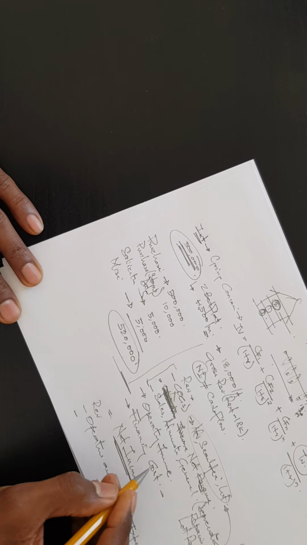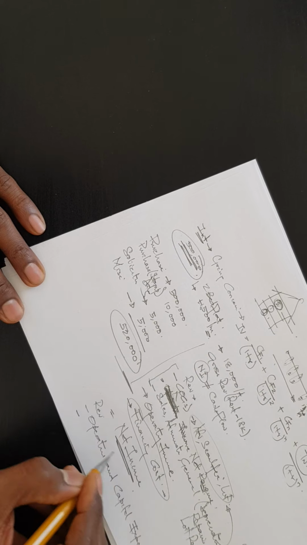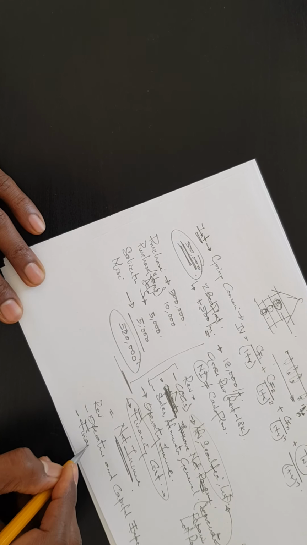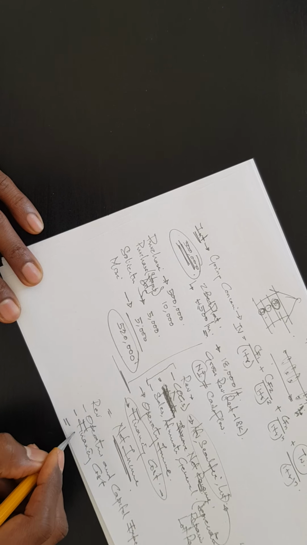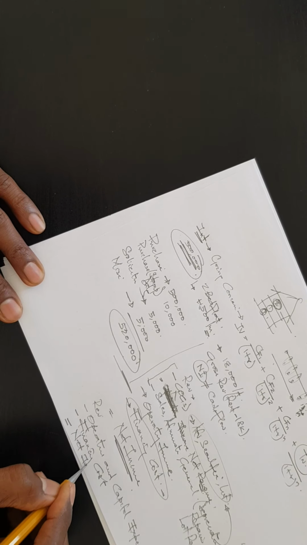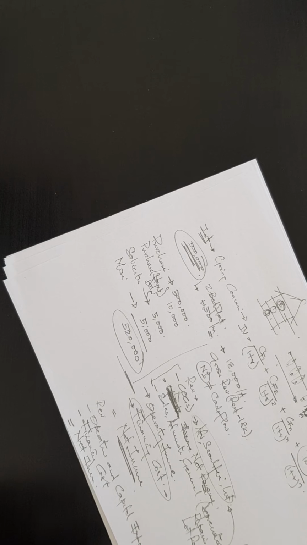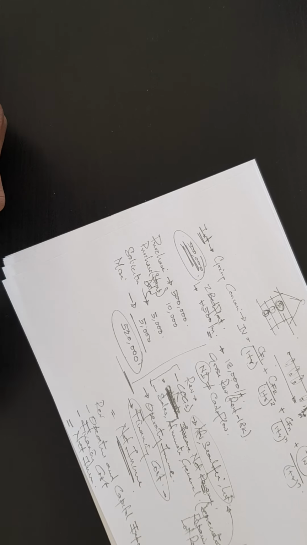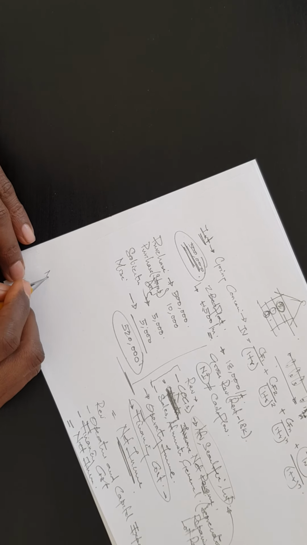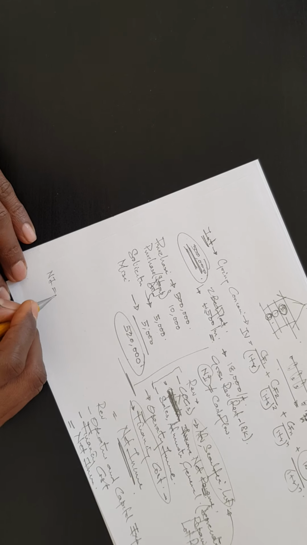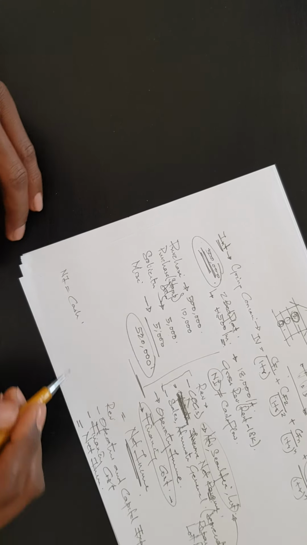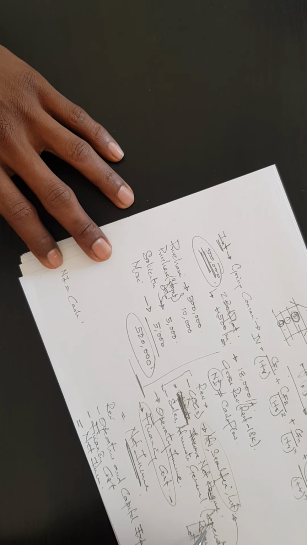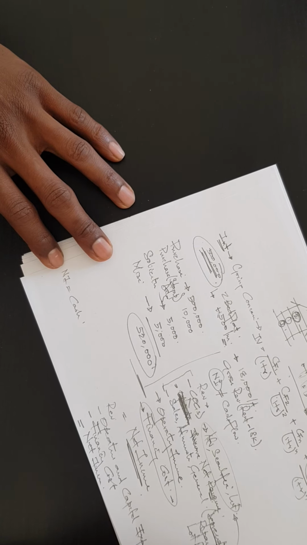Then you subtract financing cost, and that gives you your net income. It's really that simple. However, to go from net income to cash flow, what you must do is recognize that depreciation is a non-cash expense.